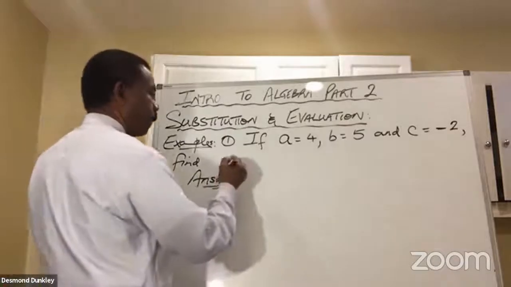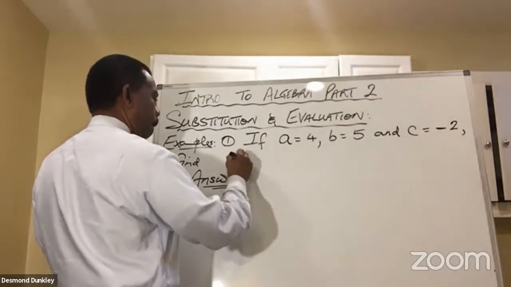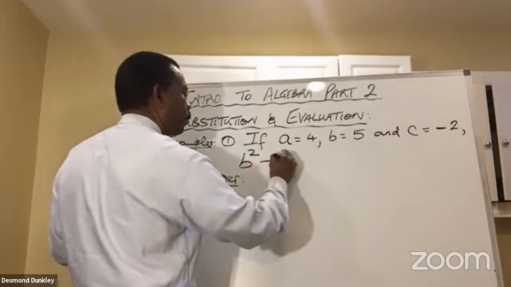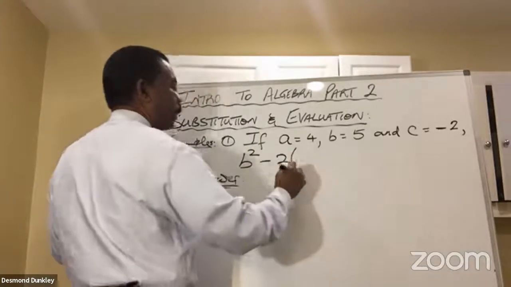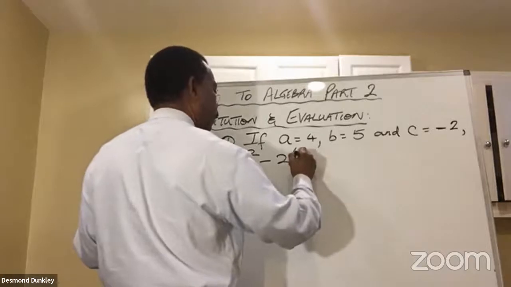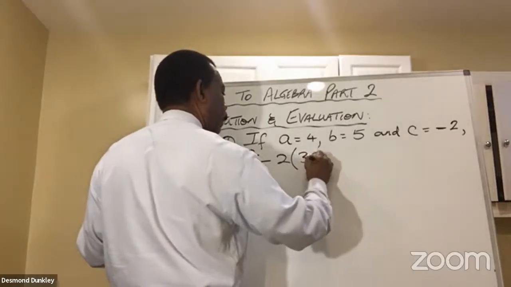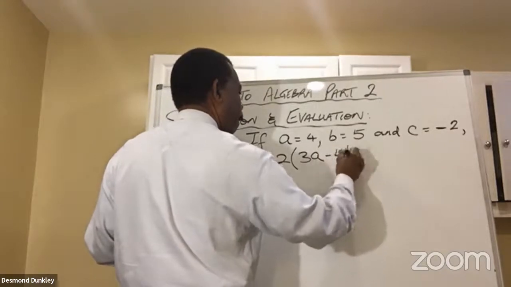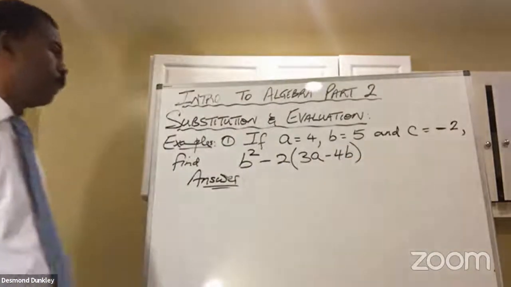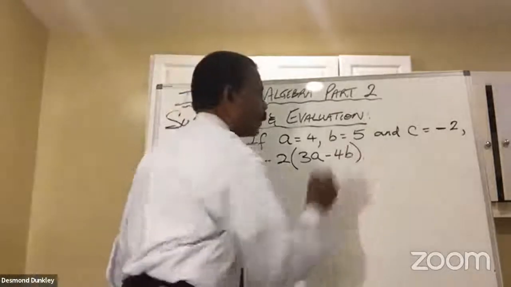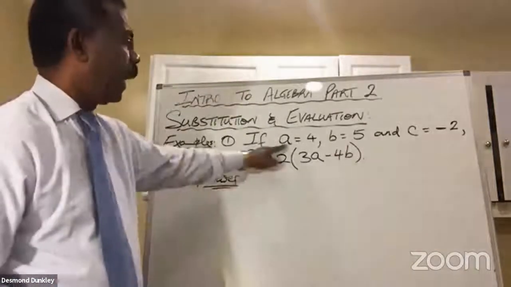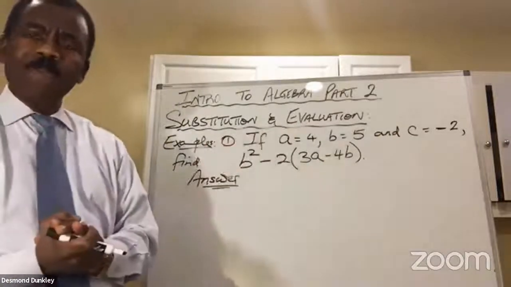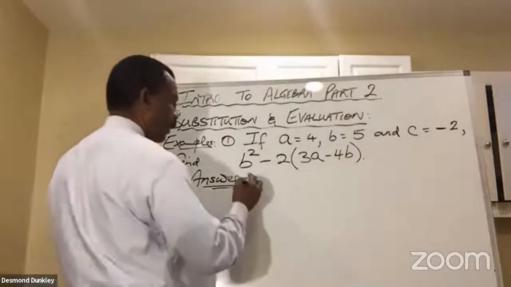Find the value of b squared minus 2 times 3A minus 4B. Okay? So given these values of A, B, and C, what would this be equal to? Well, let's check it out.